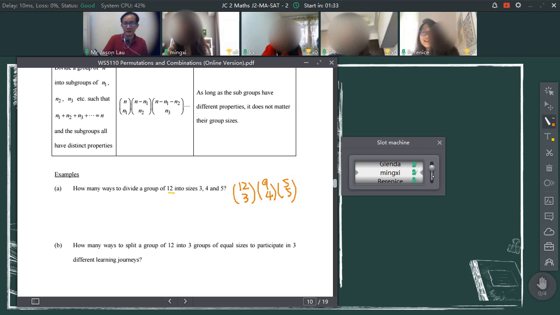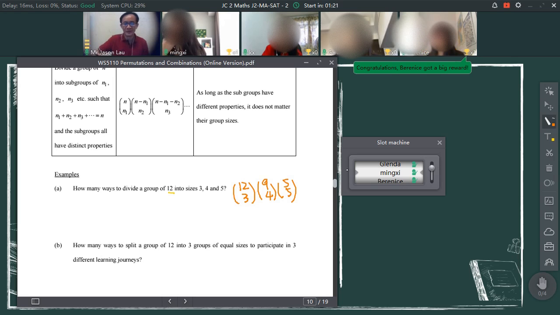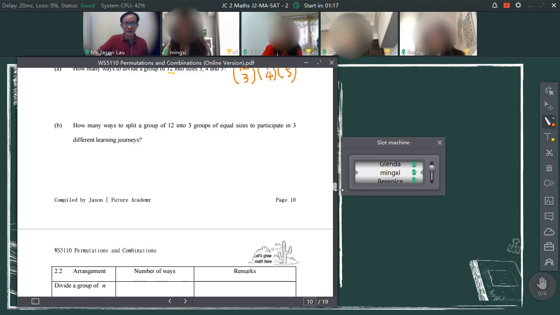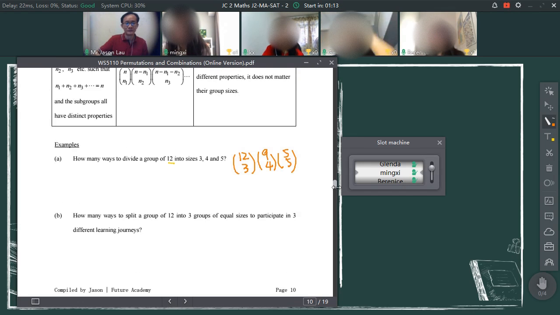Mingxi, is it? Yes. Okay, is it very loud? A bit loud. Okay. Sorry. Okay, next one. Very good. It's correct. Okay, next one. How about splitting a group of 12 into 3 groups of equal sizes to participate in the 3 different learning journeys?